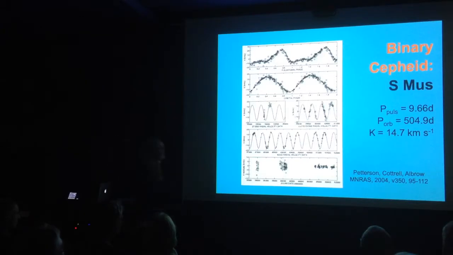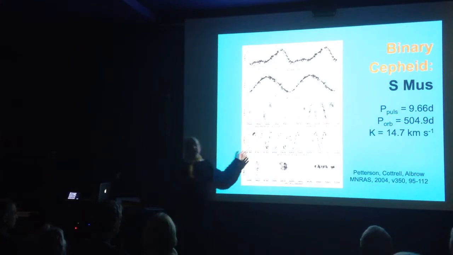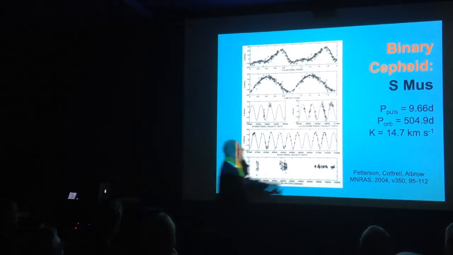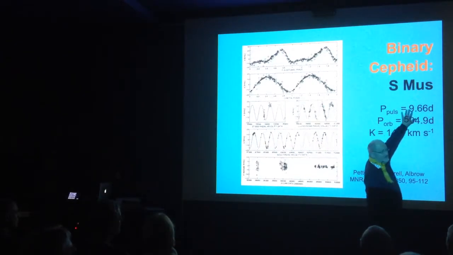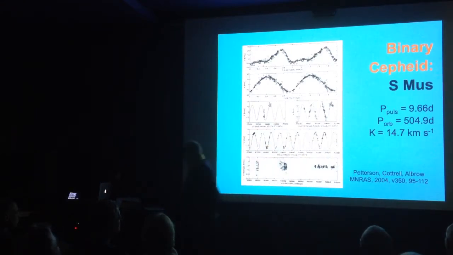And then we were able to put all this stuff together and look at the long-term variation of these things and get out the orbital parameters, because we know the pulsation of S Mus is about a 10-day Cepheid, but it has an orbital period of about 500 days. And so that's a bit over a year and a half. In a PhD of 4 years or 3.5 years, you're not going to get many cycles there, so you do need to go back in time. But Orland was then able to put all these things together and understand.